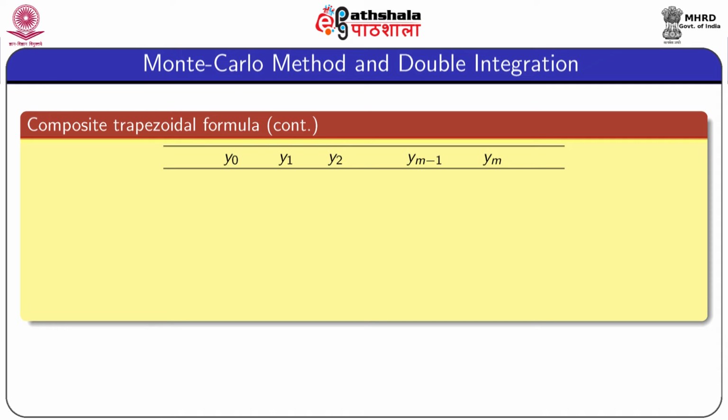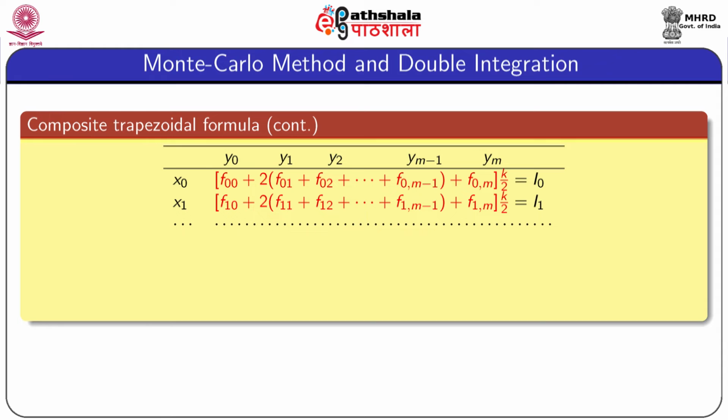For simplicity, we can represent the entire formula, equation 11, in tabular form. For x equal to x0, the expression [f00 plus 2 into (f01 plus f02 plus ... plus f0,m minus 1) plus f0,m] into k by 2 is denoted by I0.